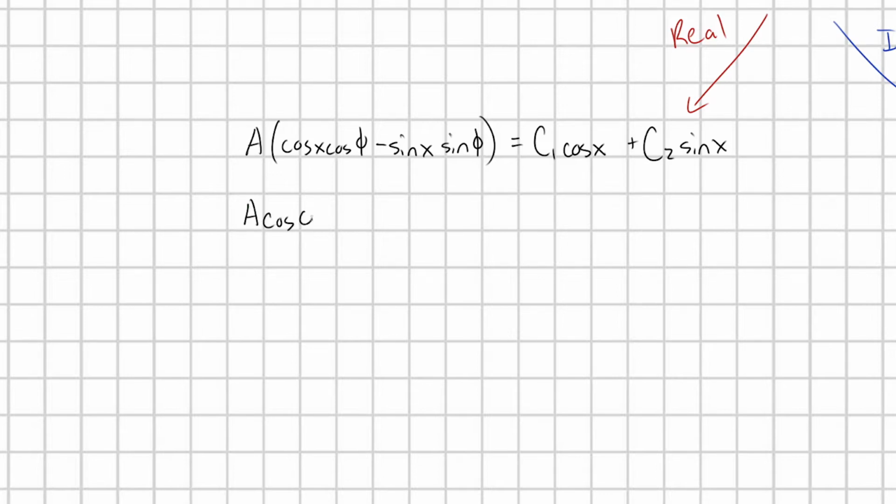A times cosine phi times cosine x, minus A times sine phi times sine x, equals C1 cosine x plus C2 sine x.